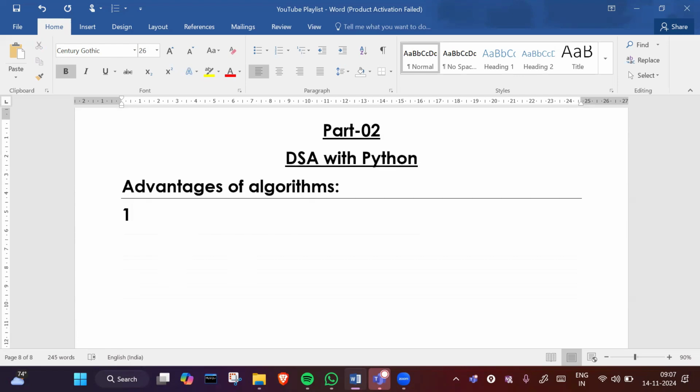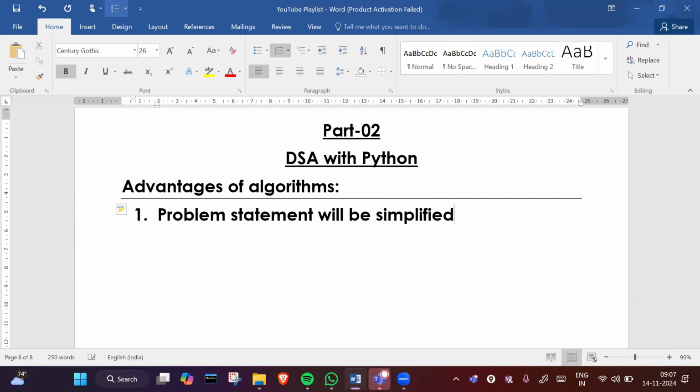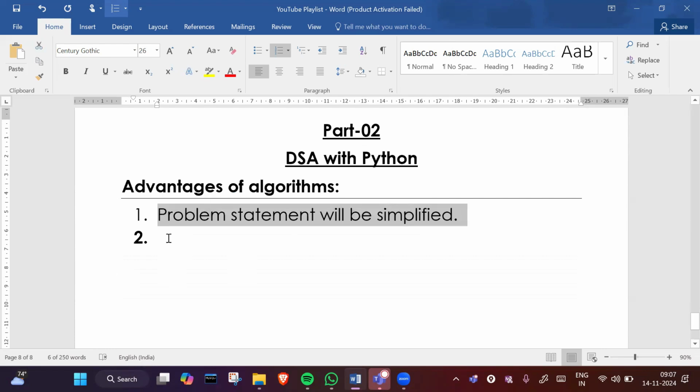So what is the first advantage of an algorithm? The first advantage of algorithm is the problem statement will be simplified. It will be easy to understand problem statements after writing the algorithm, right?